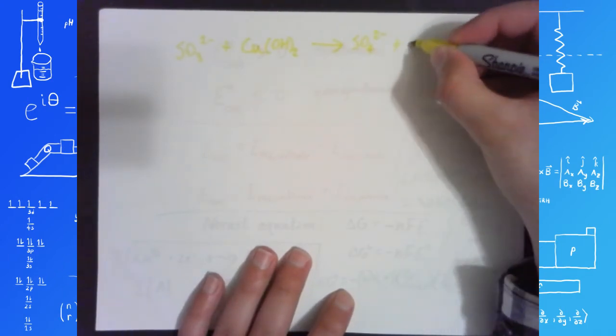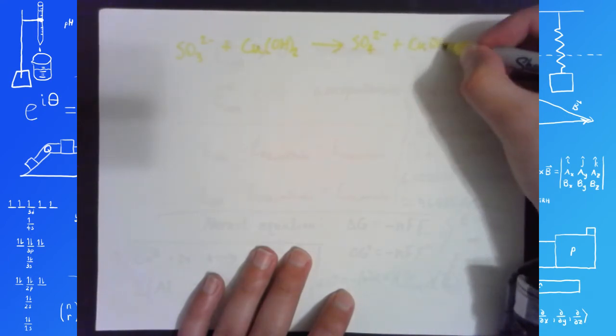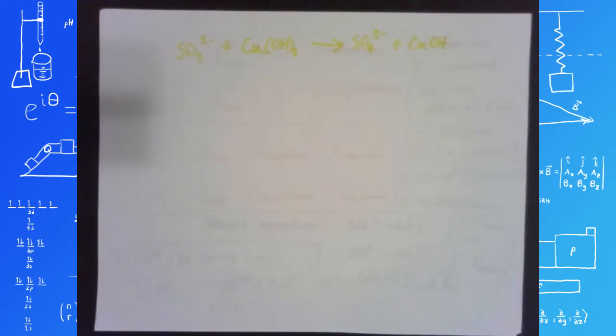I don't know why they put parentheses around hydroxide for copper 1 hydroxide. But there we go. So let's go ahead and try to balance this.